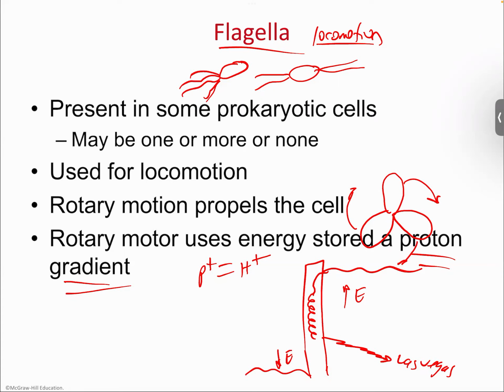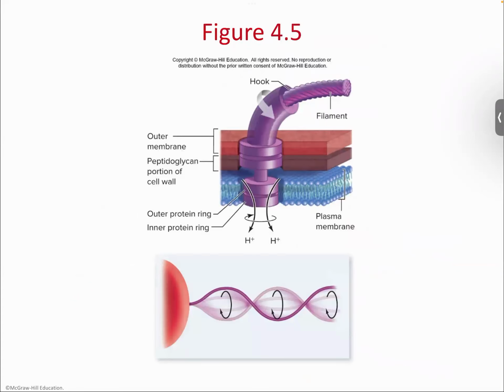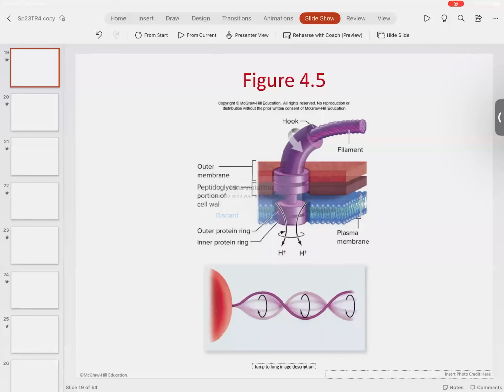So what kind of work are we doing? Well, let's take a look at it. Let's take a look at the bacterial wall construction. The first thing you're going to run into is the plasma membrane, and embedded inside the plasma membrane are two ring-like proteins that are rotary. They're rotational, so they can rotate. There are going to be two of these little circular protein drums embedded in the membrane. Then you're going to have a bit of a shaft structure.